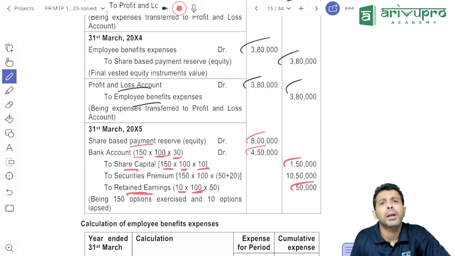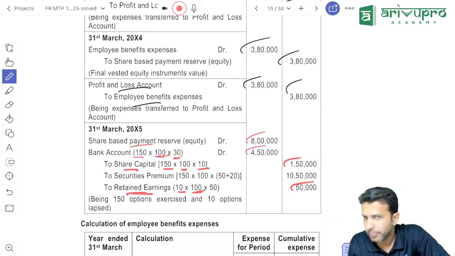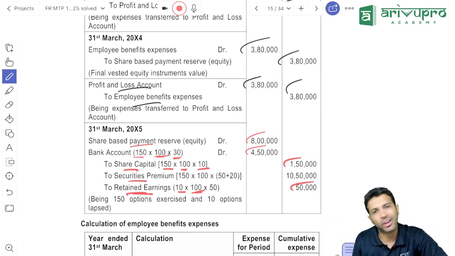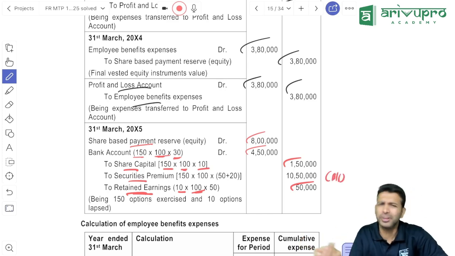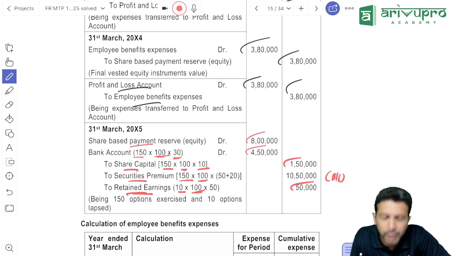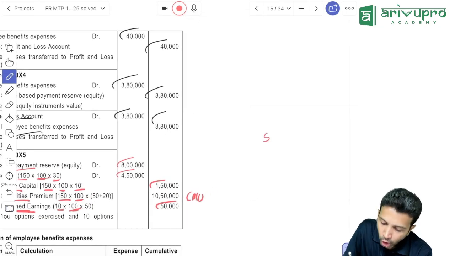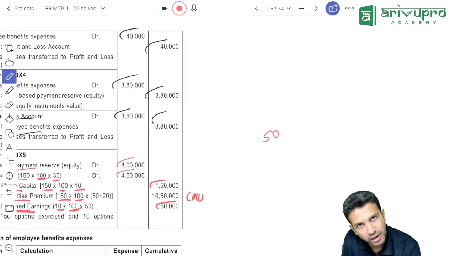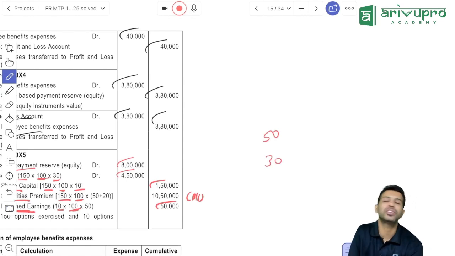Balance: since there is a premium element involved, the balancing figure you can transfer to securities premium, or you can calculate it, your choice. Calculate means how? How many employees purchased the shares? 150. Each can buy how many shares? 100. The loss on one share which the company has accounted is 50, and the employees are paying 30 rupees for one share.